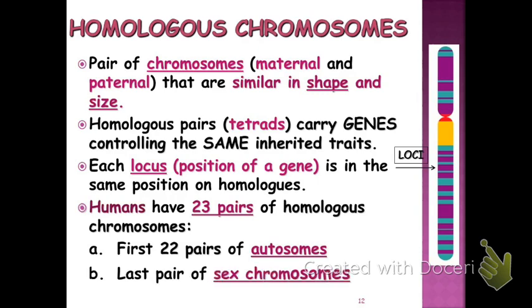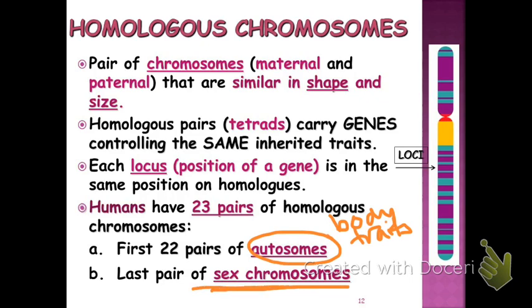And these chromosomes here, autosomes, these are just like your regular body traits. Eye color, skin color, height, freckles, no freckles, brown hair, blonde hair, etc. Okay, the last pair, our 23rd pair, are our sex chromosomes. And this is going to tell whether you are male or whether you are female.